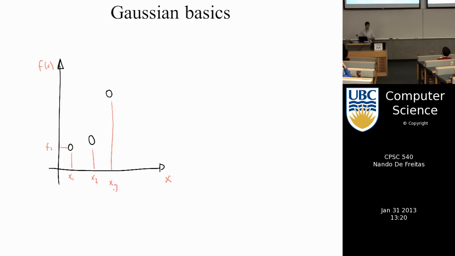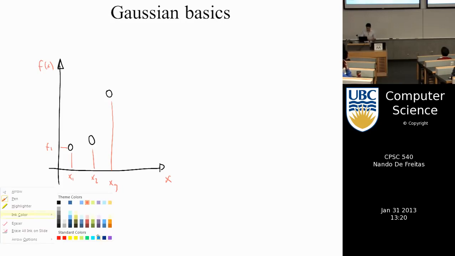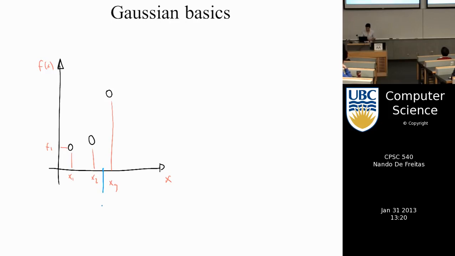But now, let's assume that I also have a point x star. Someone just gave me a point x star, and I do not know the height of that point. So the corresponding f, which I'm going to call f star, is a question mark, is unknown.